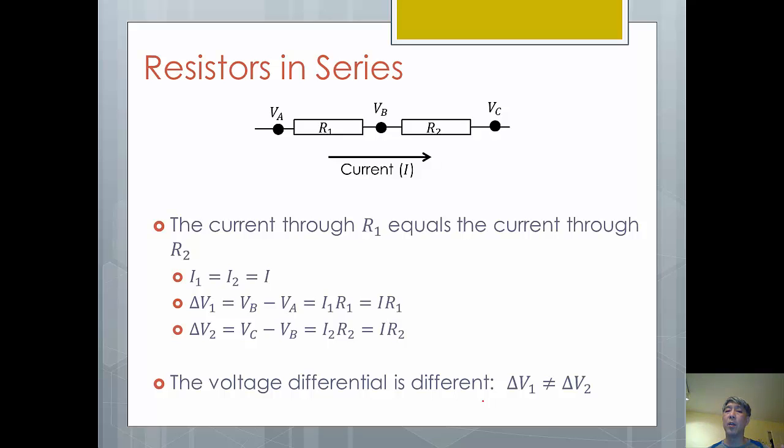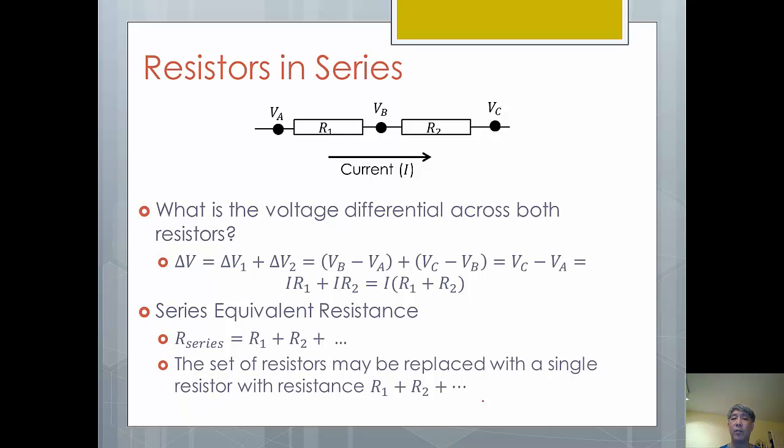Otherwise it's implying that electrons are building up somewhere. If that's true, then after a while you've basically built up an infinite number of electrons, and that just can't happen. So current through resistors in series must be the same. The voltage, however, will be different as long as my resistors are different.